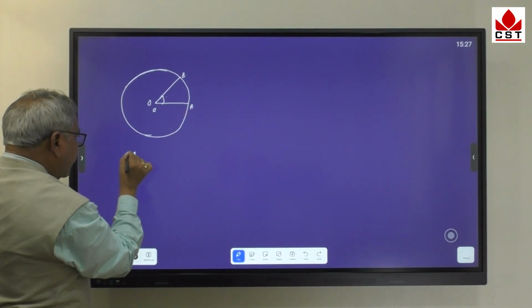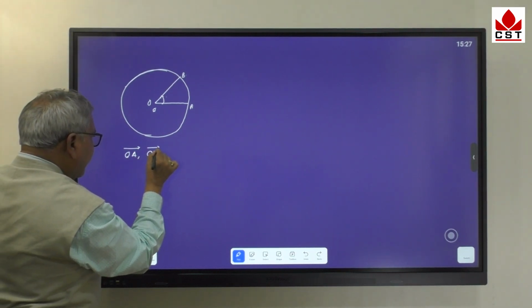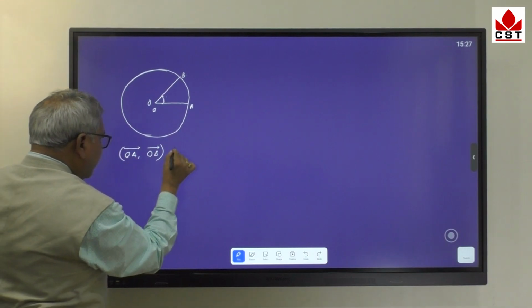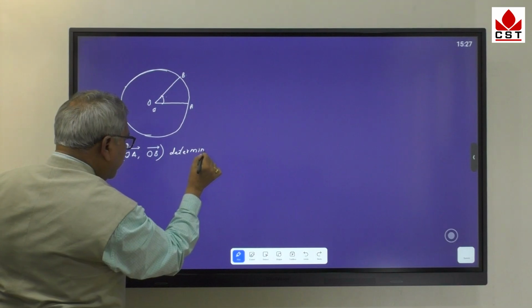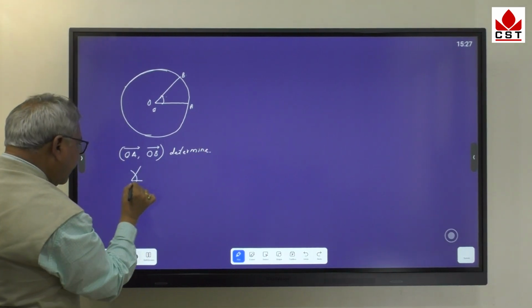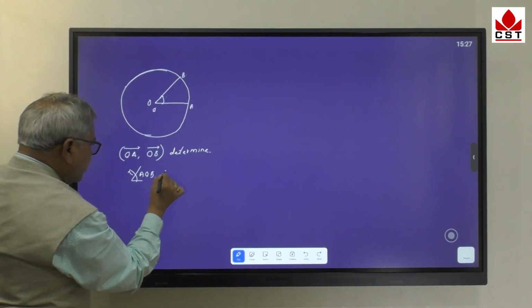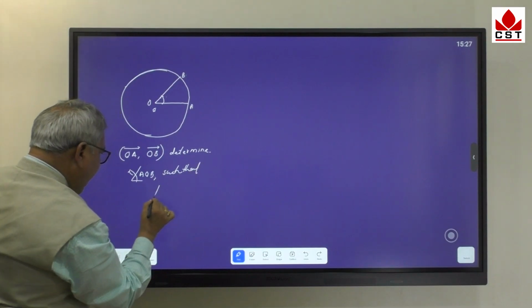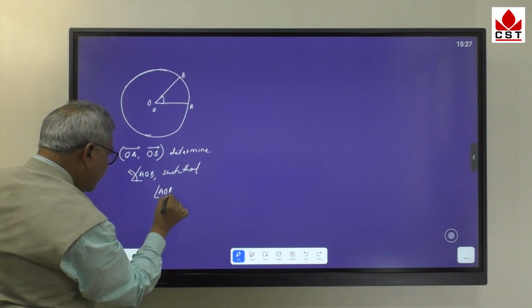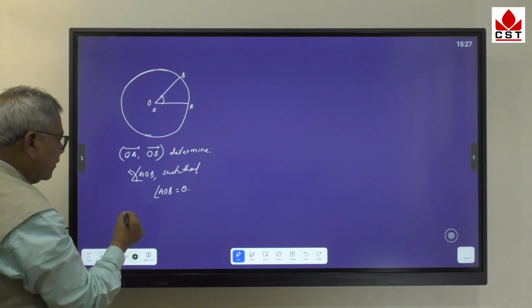Ray OA, ray OB determine directed angle AOB such that angle AOB is equal to theta. Let us assume that. Correct? Okay.